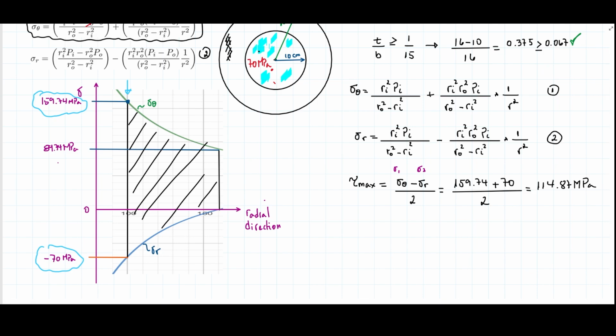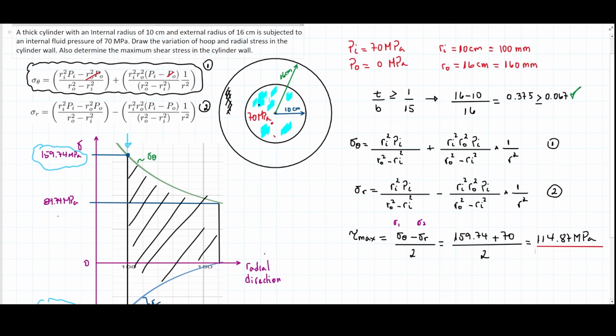And now at the end, using the maximum values found, we can calculate the maximum shear stress. And that's all the exercise. It's pretty straightforward, pretty simple, just application of the formulas, and there you go. I hope it helps, and then we'll try to do another one of the same kind of nature. Thanks.